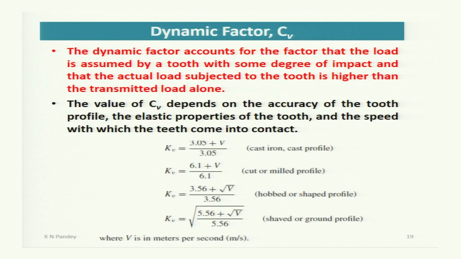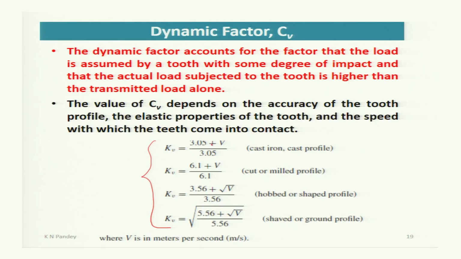The dynamic factor is similar to the dynamic factor of the spur gear, and it is obtained depending on the pitch line velocity of the gear and the way it is made. If it is made of cast iron, by casting, with a cast profile, then we will use this one.